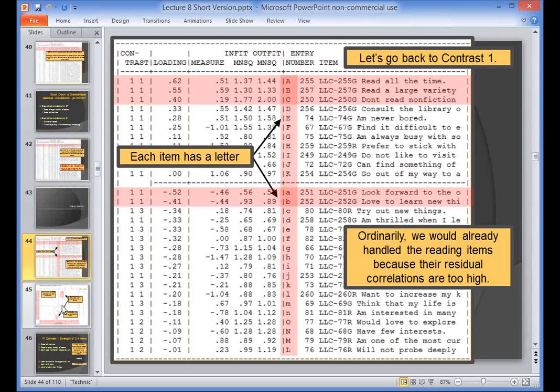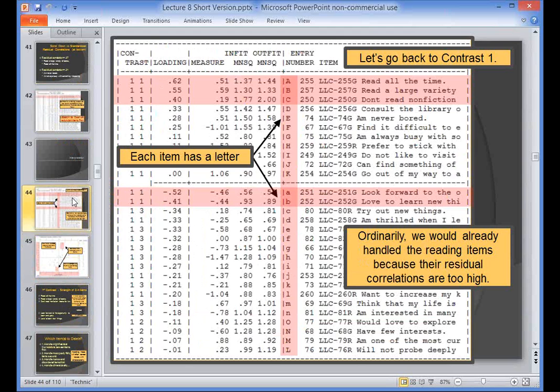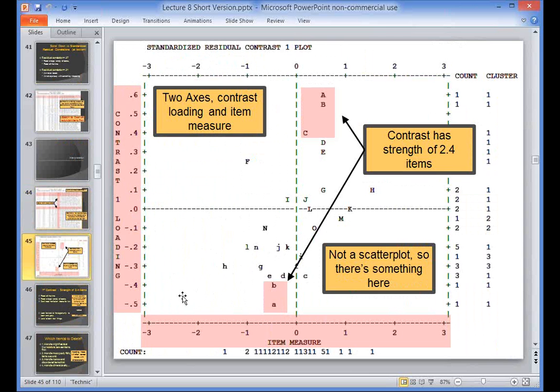And these are called contrasts, remember. So we want to try to get an idea where the extra dimension emerges in the data. So if you look at the graph which is above the list of items, okay, you'll see this. And the vertical axis on this graph is going to be the contrast loading, and the horizontal axis is going to be the item measure or item difficulty.